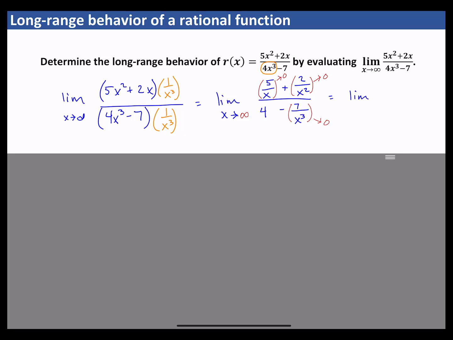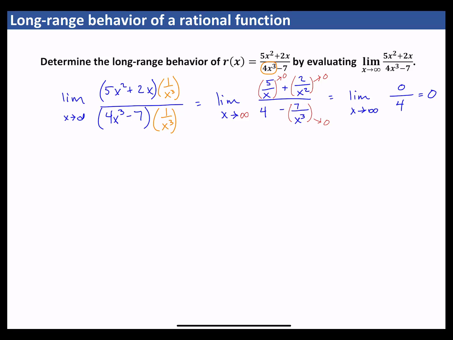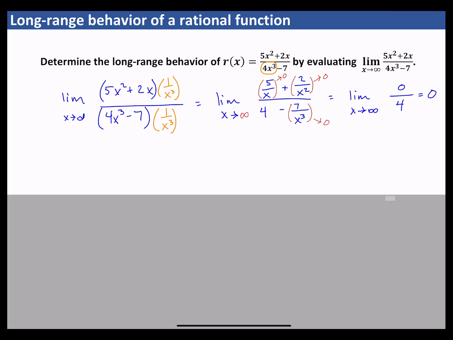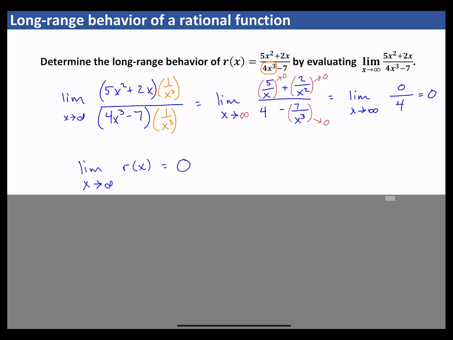So what we really found is that the limit as x increases without bound is just going to simplify to 0 over 4, which equals 0. Right. So thinking about what we started with, we were looking at the limit of the function r of x as x increases without bound, and we saw that it's approaching a finite value of 0.